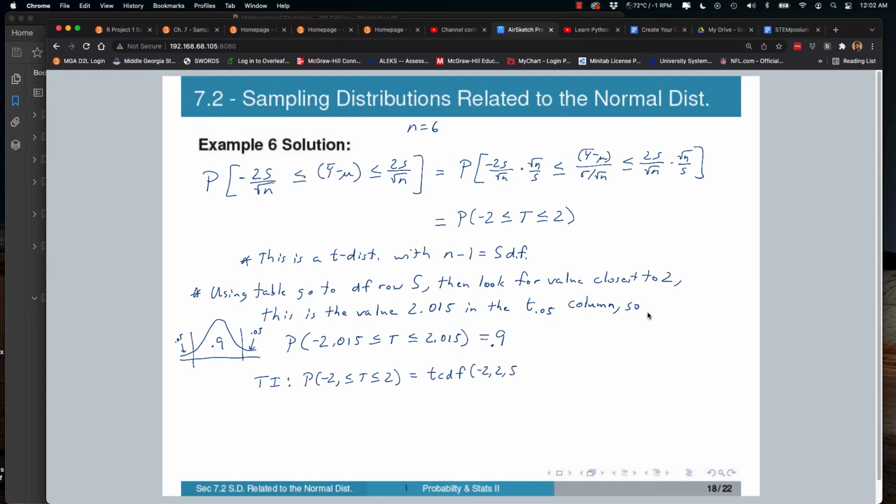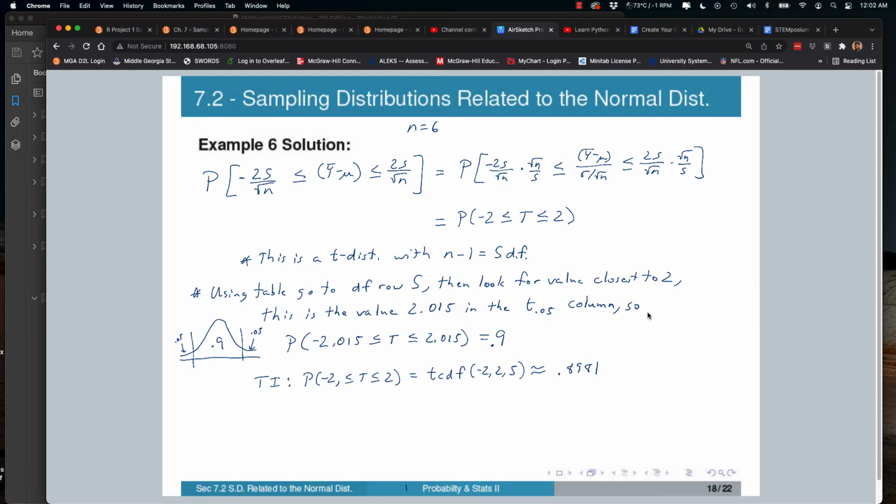So that's from -2 to 2 and degrees of freedom 5. And when you do that, I'm not going to do it for you, but it's going to be 0.8981.